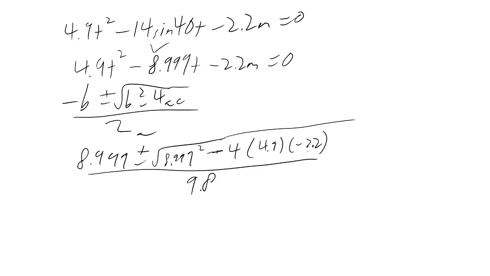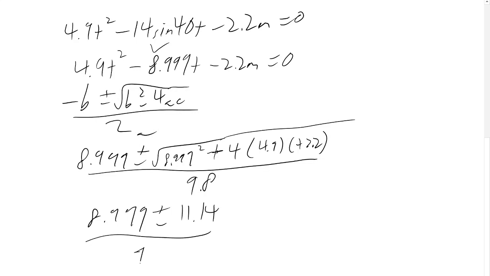So square 8.999, do plus, because there are two negatives here, they cancel out. So 4 times 4.9 times 2.2 equals 124.1, and then square root that, and we get 11.14. 8.999 plus or minus 11.14 divided by 9.8.